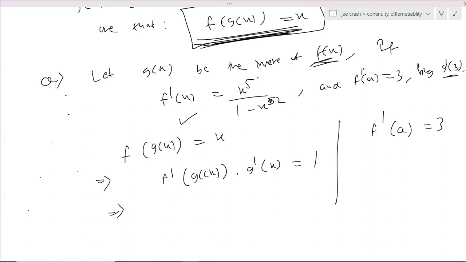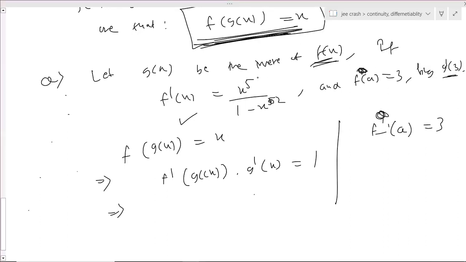I believe something is wrong with the question. Okay. No, this is correct. This is f of a equals 3.